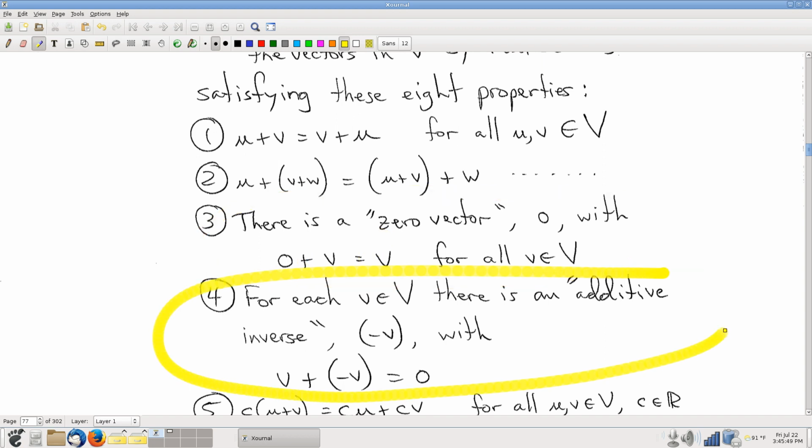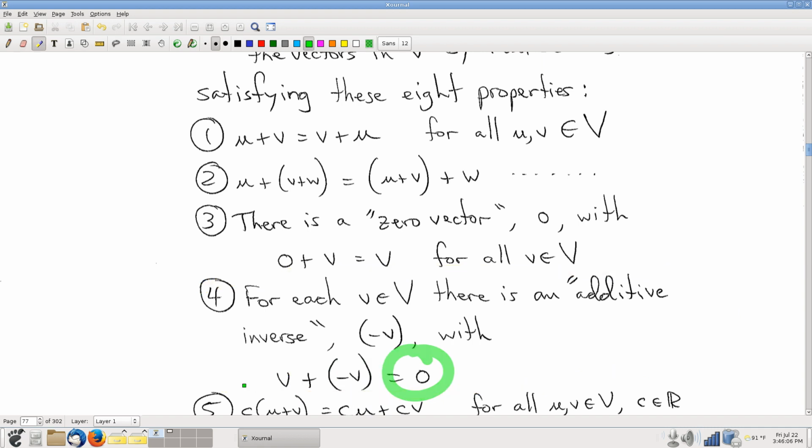Furthermore, everything needs to have something called an additive inverse. That is, whatever vector you might be interested in in this vector space, there has to be something I can add to it that we're going to call negative v that makes the sum equal to 0. Namely, that 0 being this zero vector previously referred to.